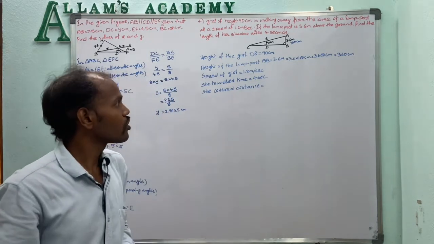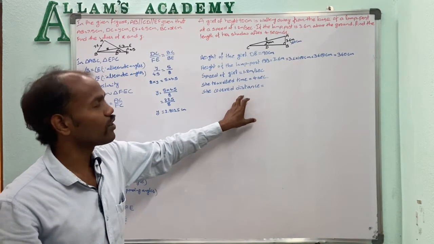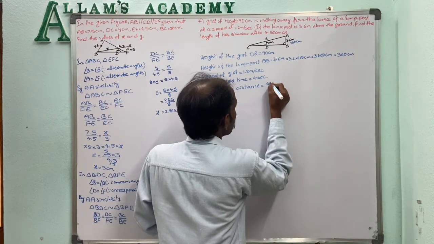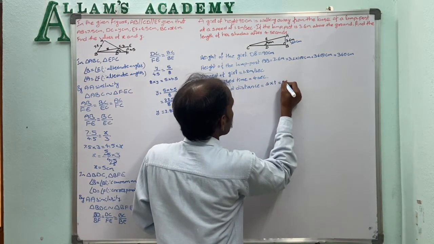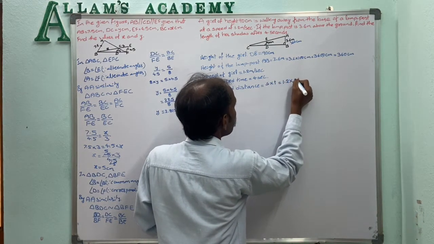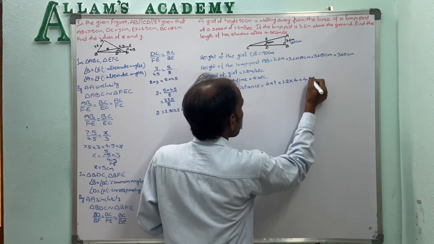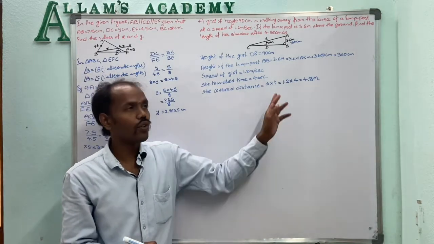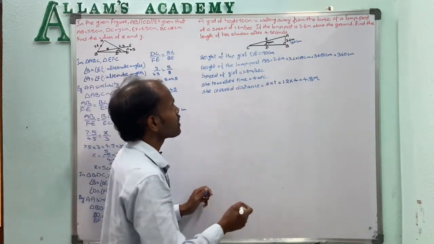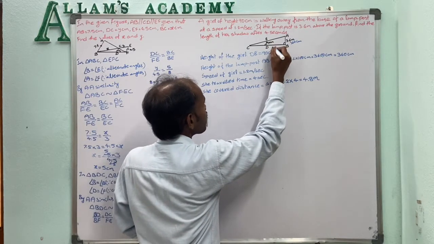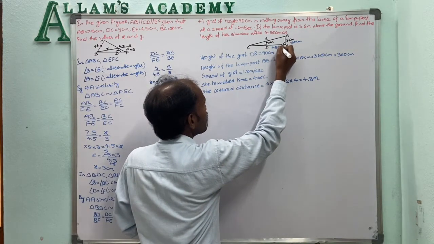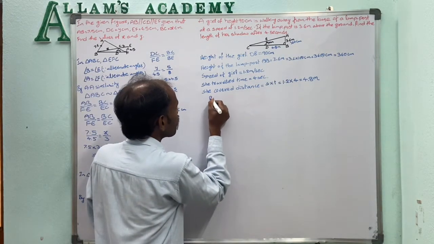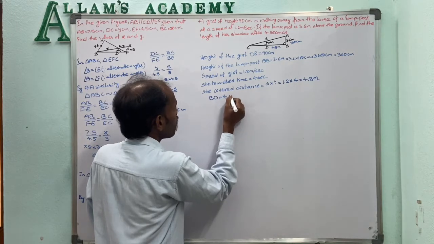Distance equal to speed into time, that is 1.2 into 4, equal to 4.8 meters. So she covered distance is 4.8 meters. That means this DB is nothing but 4.8 meters. So BD equal to 4.8 meters.